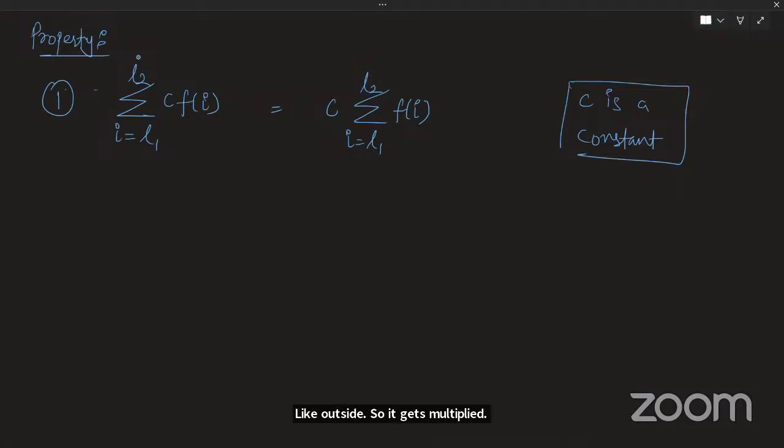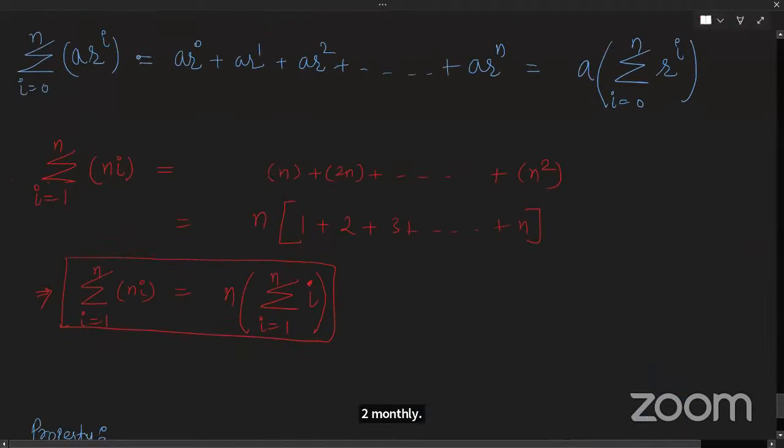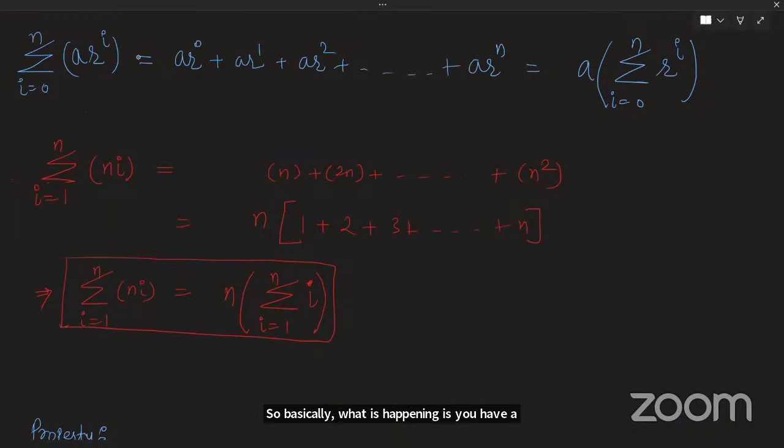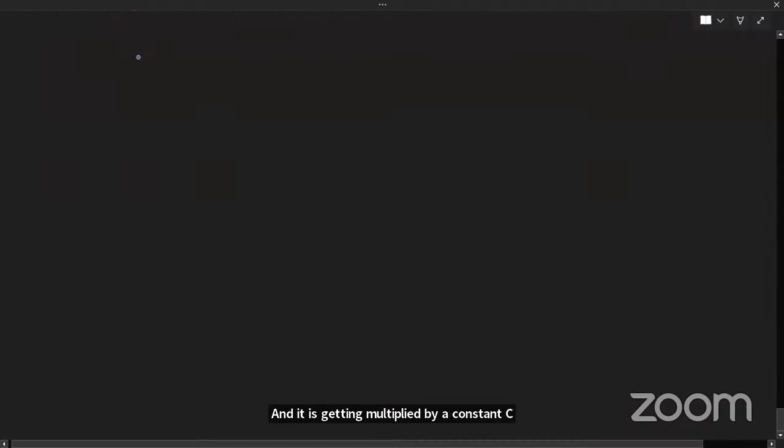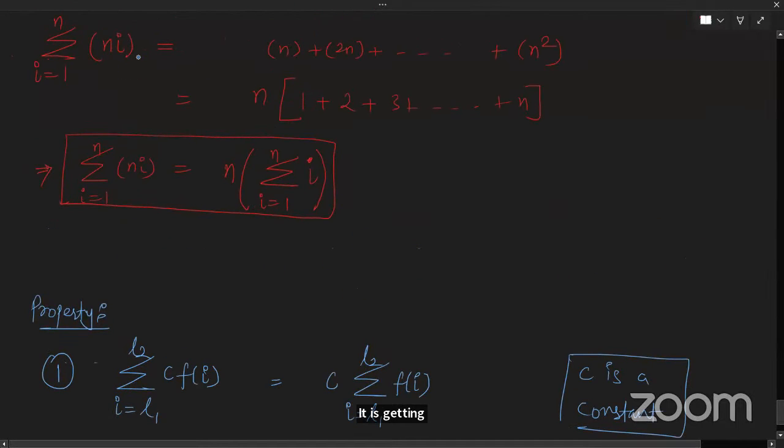Everyone understood this? See, what is happening is that you have a function of i that you are adding again and again, and it is getting multiplied by a constant c. I'll give you one more example here. It is sigma i equal to 1 to 100 of 3i.